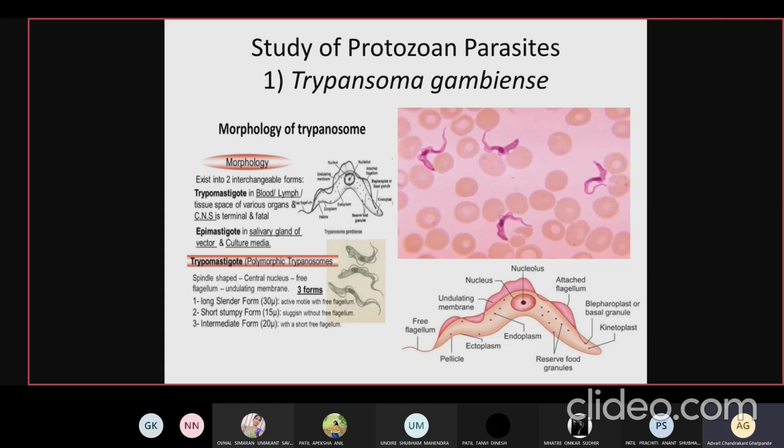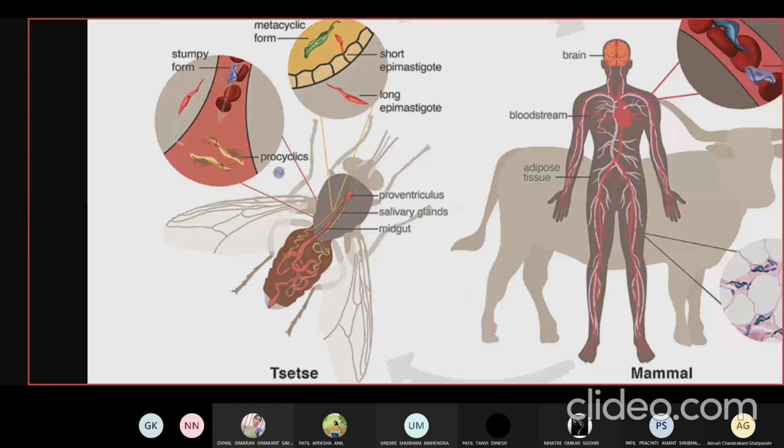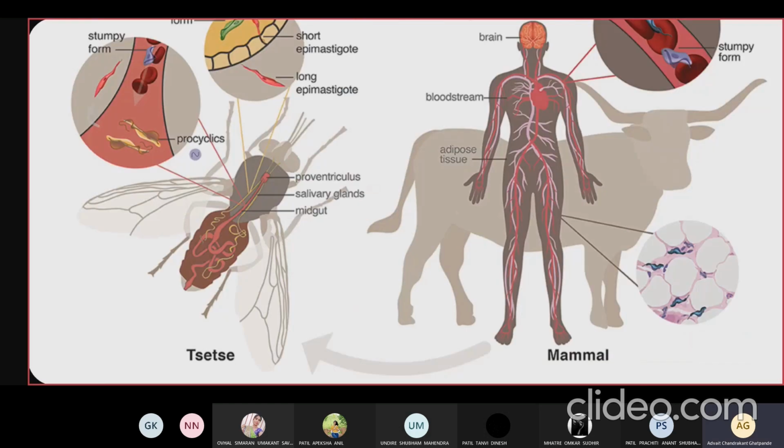It requires 2 different hosts to complete its life cycle. The first host is called the tsetse fly, and the other may be a human, any human being.